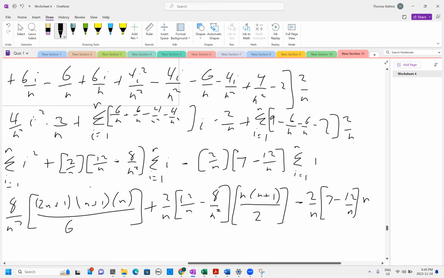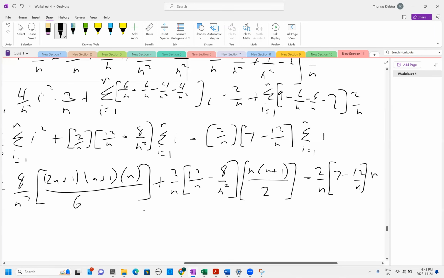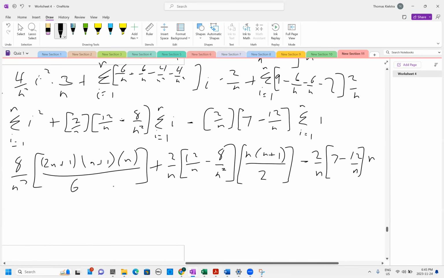And we have our closed form. We could simplify further from here, but this is all we need to do.